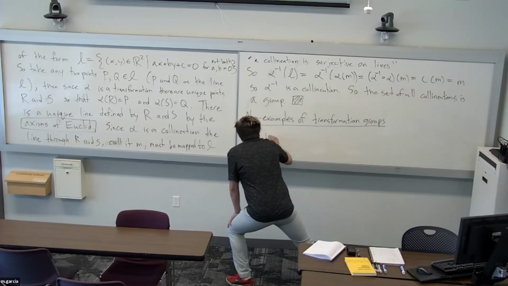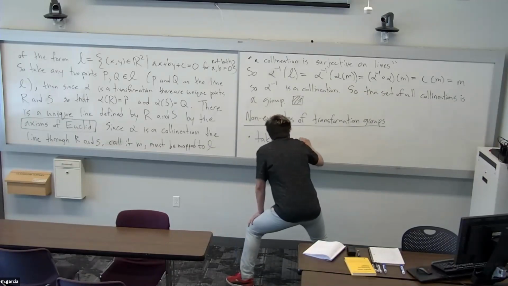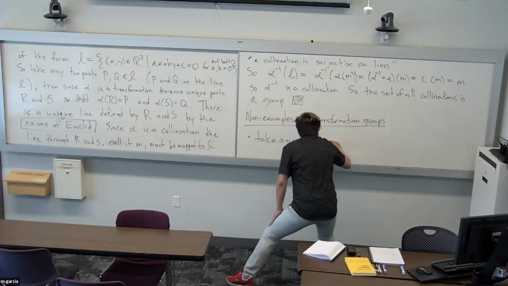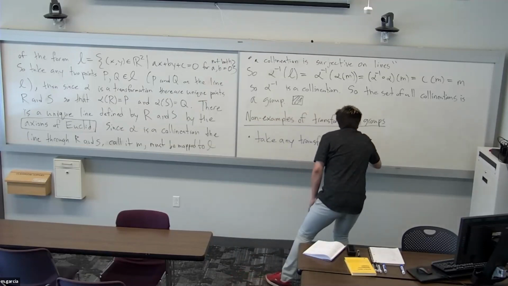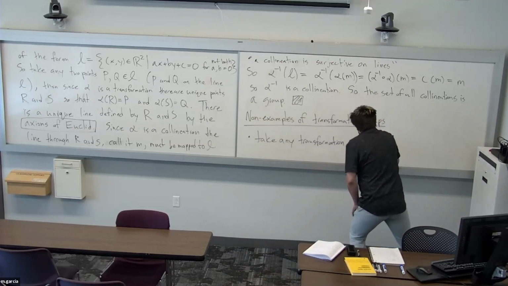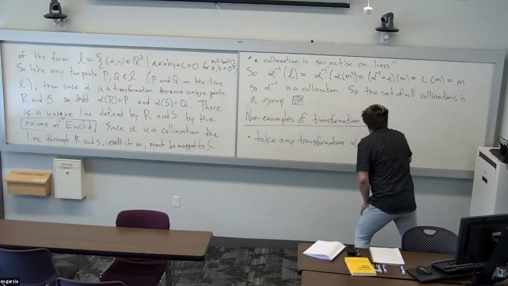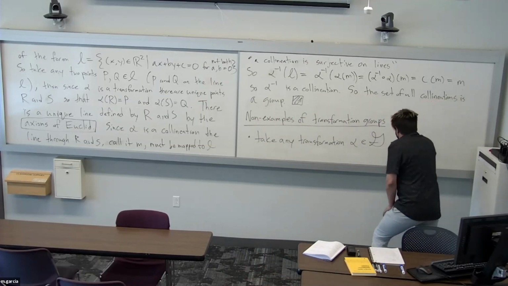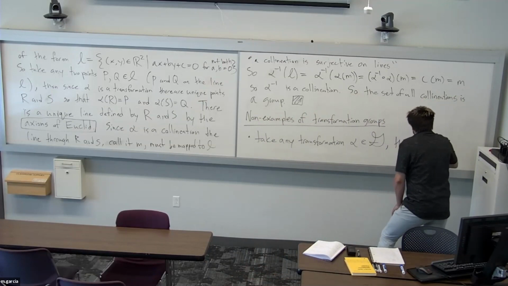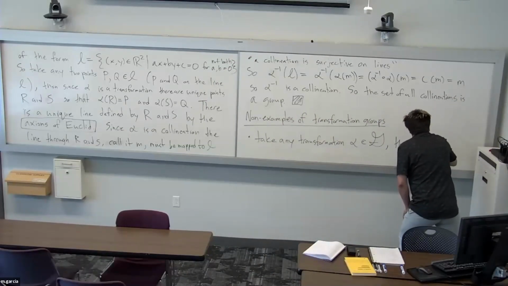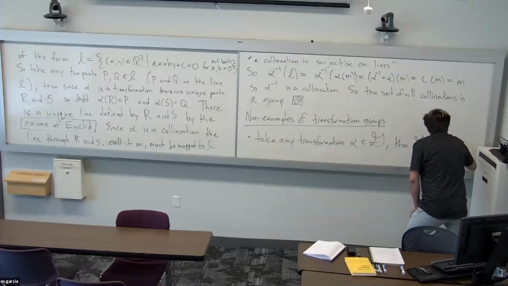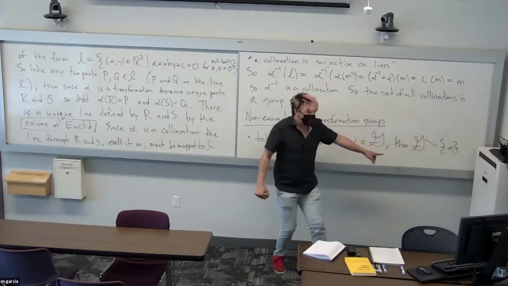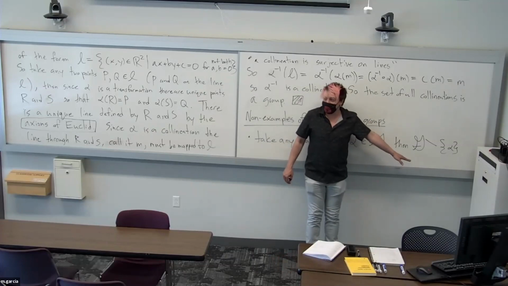So, take any transformation alpha, we'll just call the set of all transformations G here. Then G, when we take away alpha, okay, so this is another piece of notation people might not have seen.